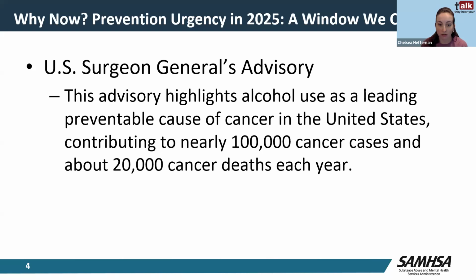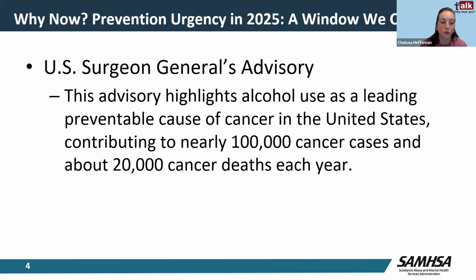So this is pretty shocking, and it signals that there's a clear opportunity for states to leverage the prevention messaging that addresses both the immediate or short-term and long-term health risks. So alcohol does remain the leading cause of preventable death and illness, now including cancer.